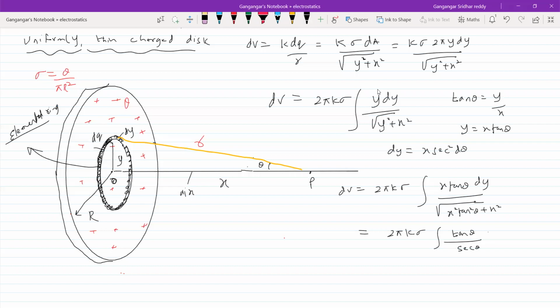And dy value also substitute: x secant square theta d theta.